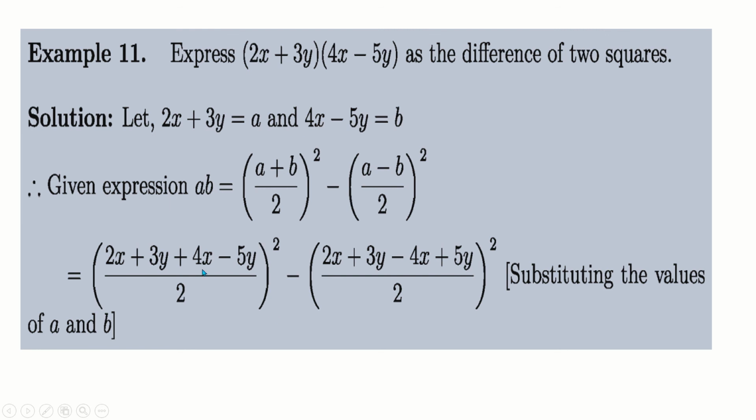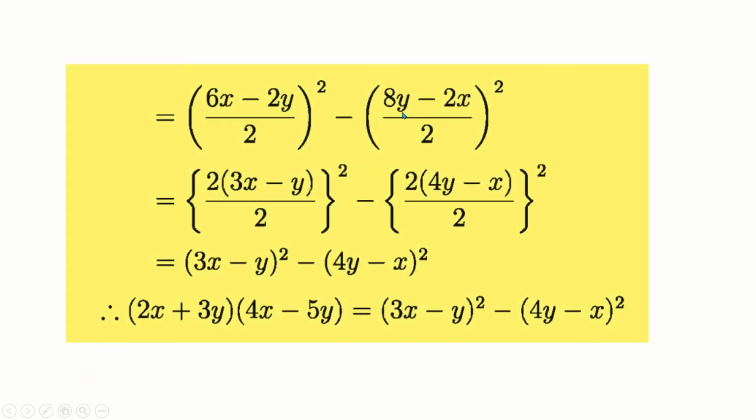Now 5y and 3y, after calculating, result will be minus 2y, and here 6x minus 2x, or 8y minus 2x. You can write anyone, no problem. Just calculation here. Now we can take common 2 here, as a result here will be (3x minus y) by 2, and here will be (4y minus x) by 2. 2 cut, 2 cut. So you can write (3x minus y) whole square minus (4y minus x) whole square.